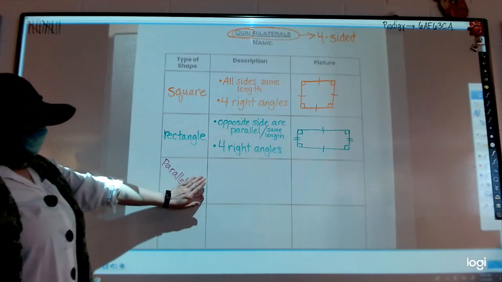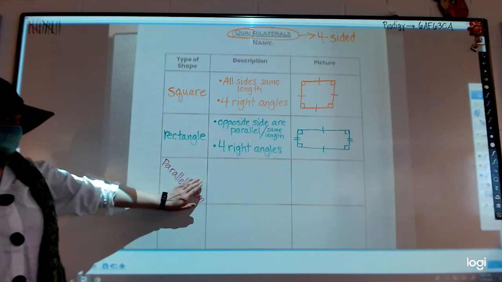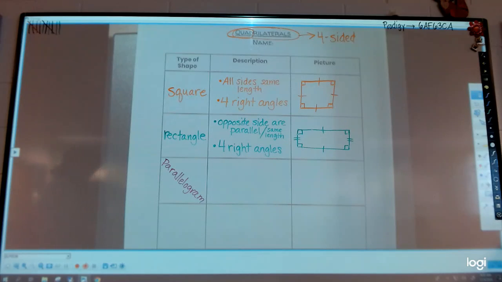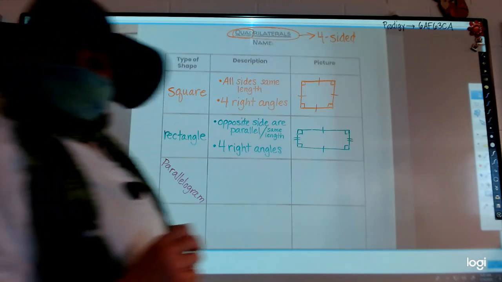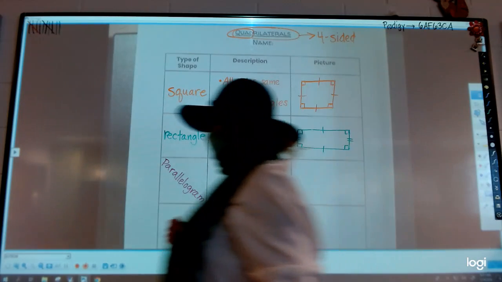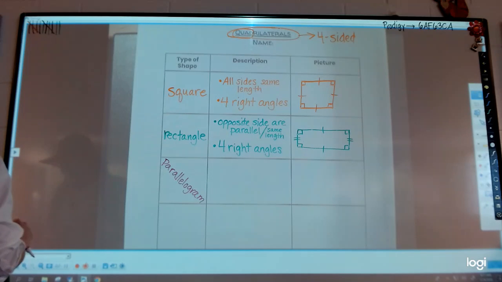So it starts off parallel. We know what that word means. Parallelogram. A parallelogram. All right, now I'm going to go ahead and start drawing it. A parallelogram, actually let's do definition first.